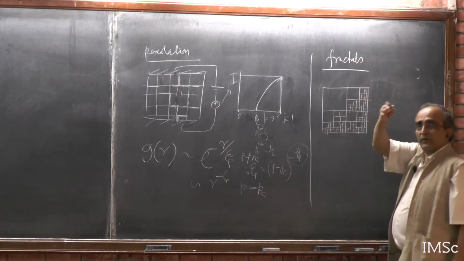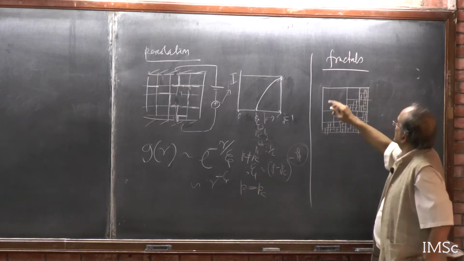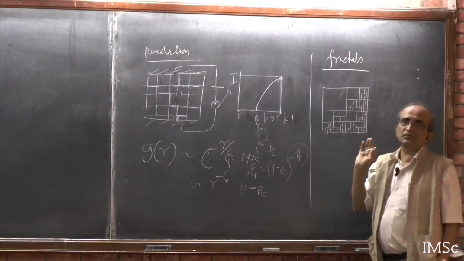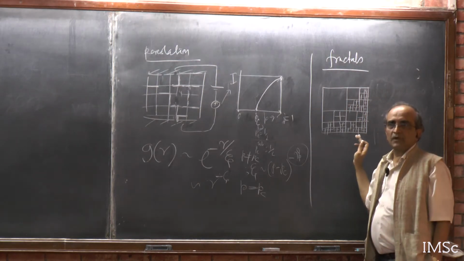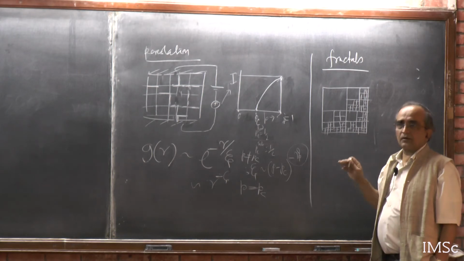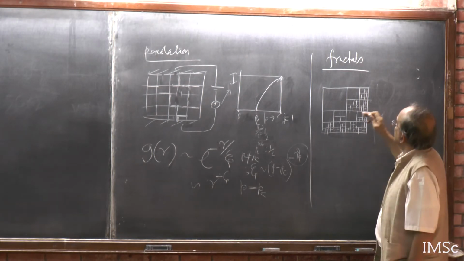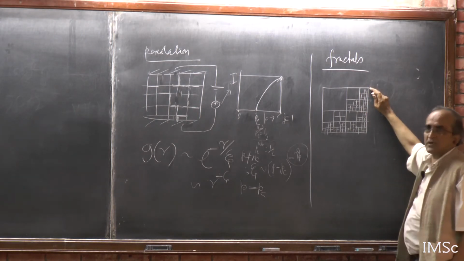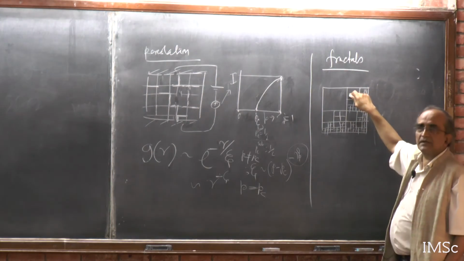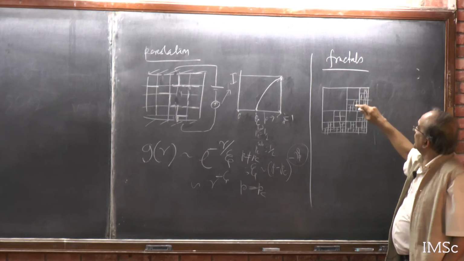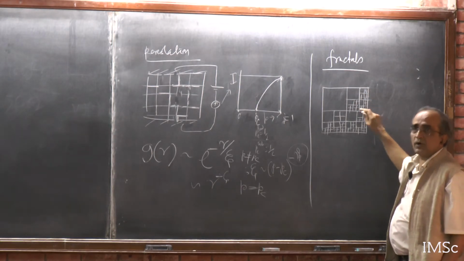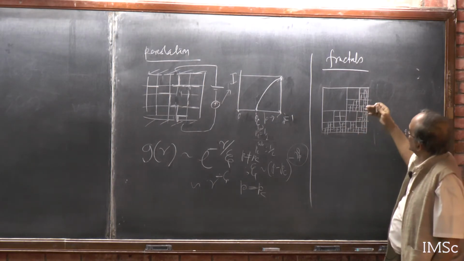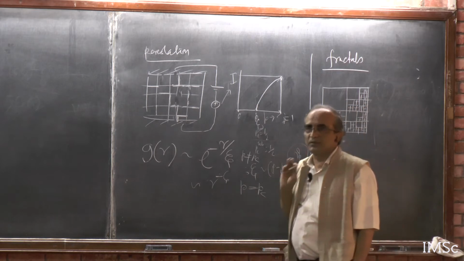From the back, you will probably think it is a square broken up into four quadrants. The top left one is free, but there is material on the other quadrants. Then as you come closer, you will see that even this one has the same structure: top left quadrant free, but the other three quadrants have material. And if you come closer and so on, at every length scale it looks similar.